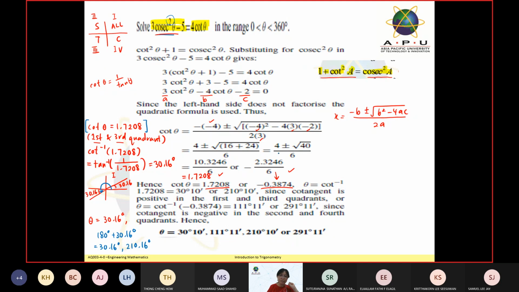Then we have another value to solve. The other one is cotangent theta equals negative 0.3874. First we find the basic angle. I know this is negative, so for the cotangent, which refers to tangent, negative happens in the second and fourth quadrant.